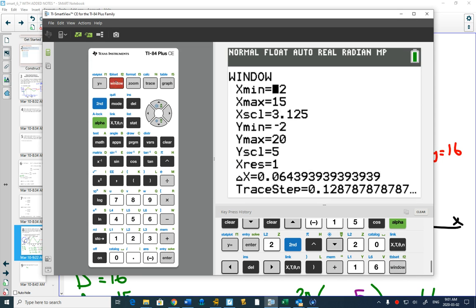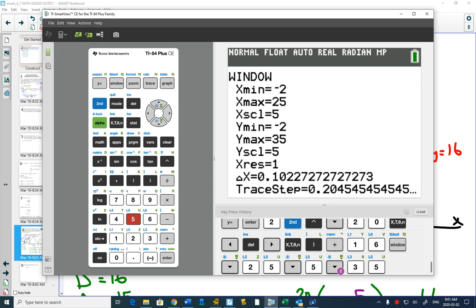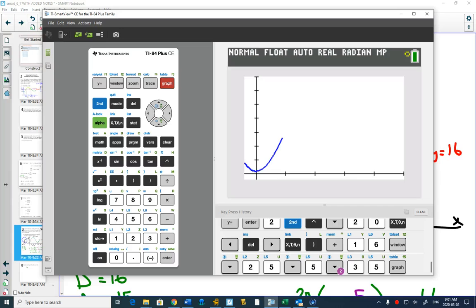And go to my window, and since now my Ferris wheel is going, I'll go up to 25. We're going by 5s. We need to go up by 35s and hit graph. Should see the whole Ferris wheel.